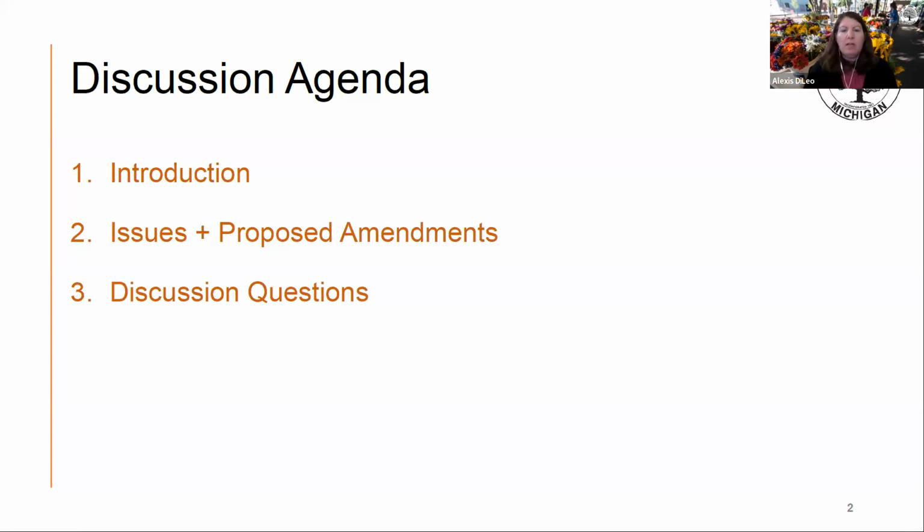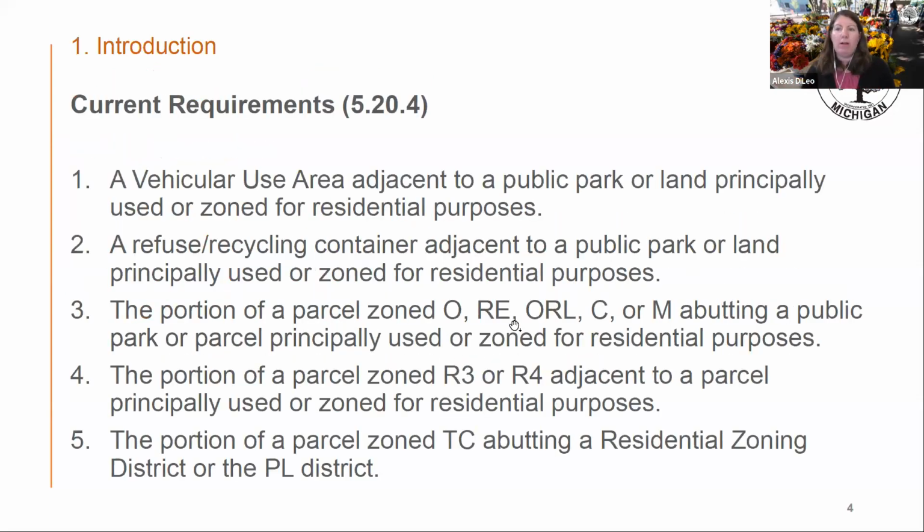Again, in the landscaping section of the UDC, which is 520, there's a part about conflicting land use buffers. And there are 5 situations where they are required, and they're just listed verbatim here on the slide and in the memo. They address a vehicular use area when it's adjacent to a park or land used or zoned for residential.